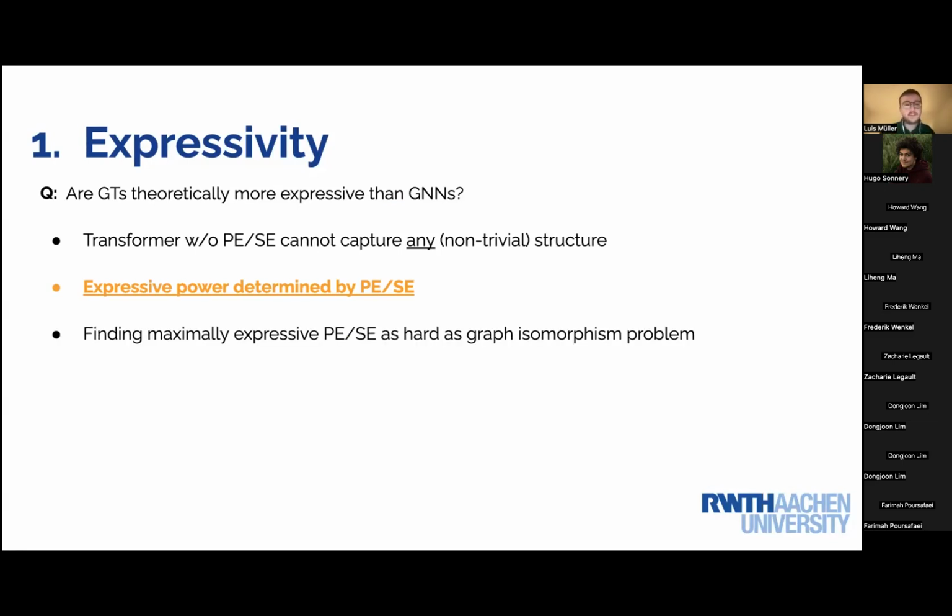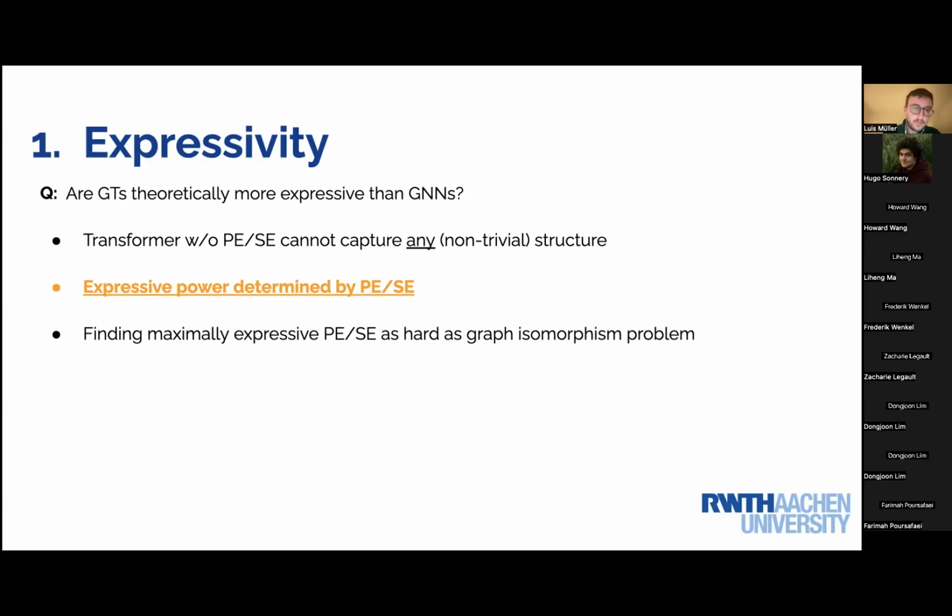As I already said, finding a graph transformer that is universal, so maximally expressive, able to distinguish all graphs, is as hard as the graph isomorphism problem, and we don't currently know whether that's solvable. But at least it is a really hard problem, because I think it has existed for, I actually don't know how long, but it reaches far back into the last century.